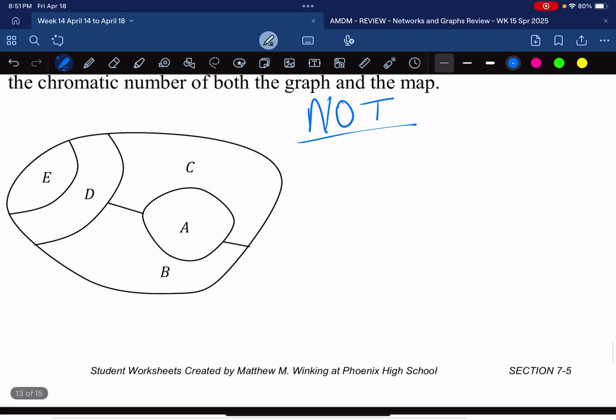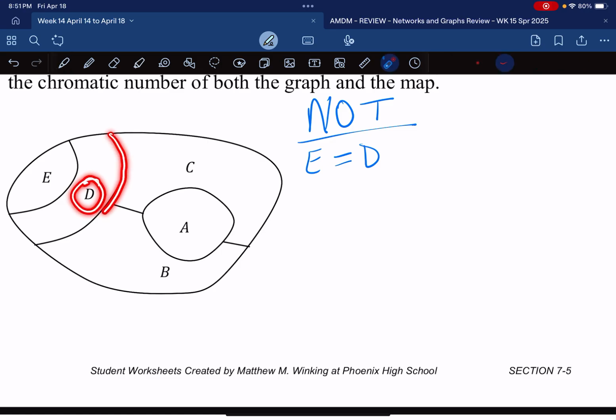Right? So if I look here, E shares a side with D, so they cannot be equal to each other. Okay?